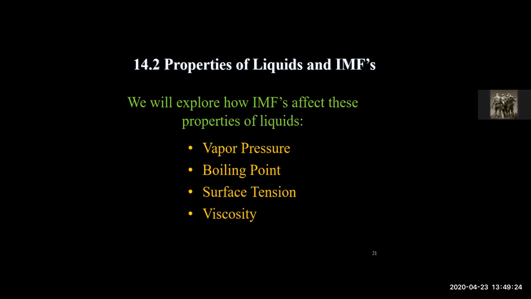That's why it's thicker. Now, what do I do to make that honey run a little quicker? We heat it up. And guess what? When you heat up that honey, it runs quicker because you're breaking up these IMF interactions and causing the molecules of the honey to be further apart.